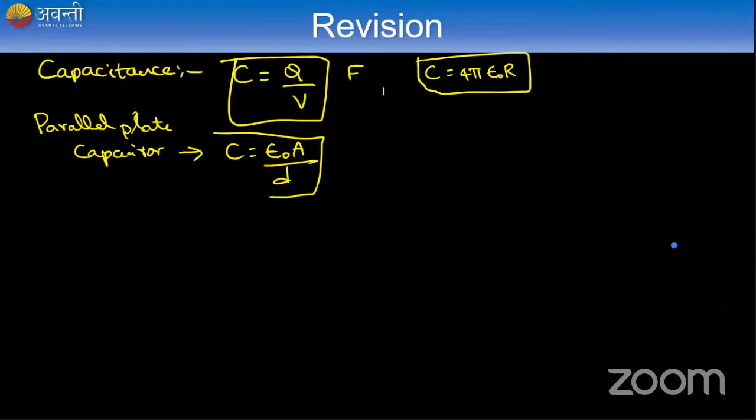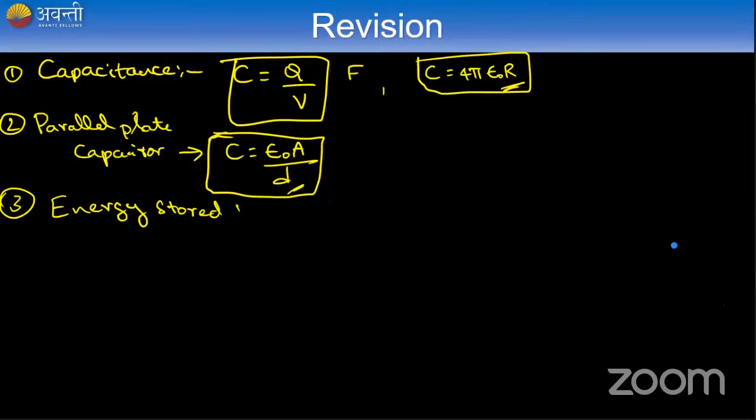With all these expressions, we can conclude that the capacitance depends only on the geometrical properties. Next, we studied about the energy stored in the capacitor. The energy stored in the capacitor was given by U equals half CV square.